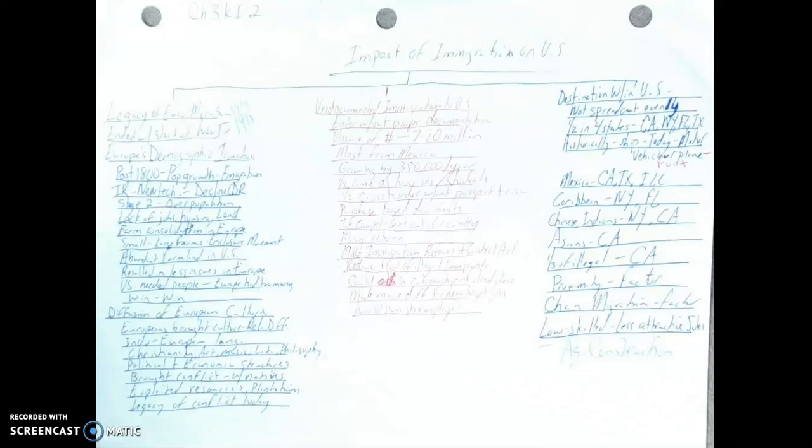And so in 1986, in the Reagan administration, they passed the Immigration Reform and Control Act. This reduced the flow of illegal immigrants because it legalized the people who were already here and allowed people to apply for work visas. And so they could obtain citizenship if they were already here.